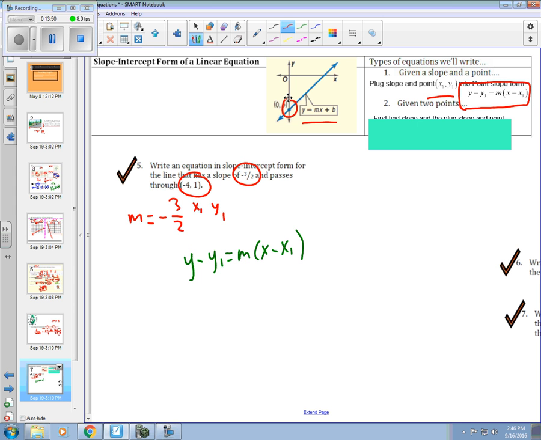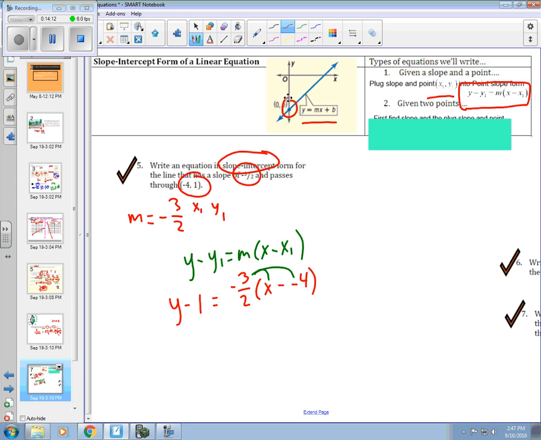So now plug it in. We got -3/2 here. X and y are just part of the equation. Plug in the point we have, -4 and 1. If we simplify that now, that should simplify into slope-intercept form. Start out by distributing. Multiply to both here.